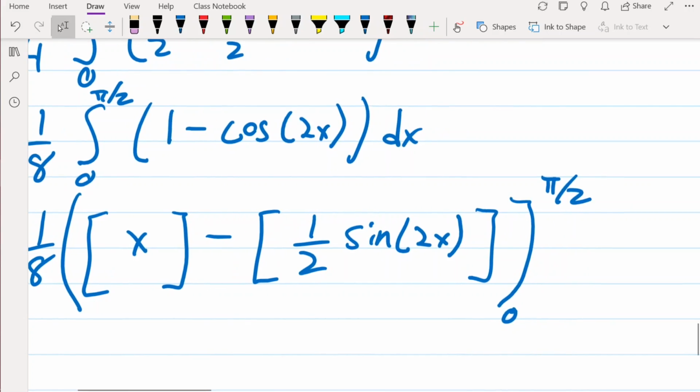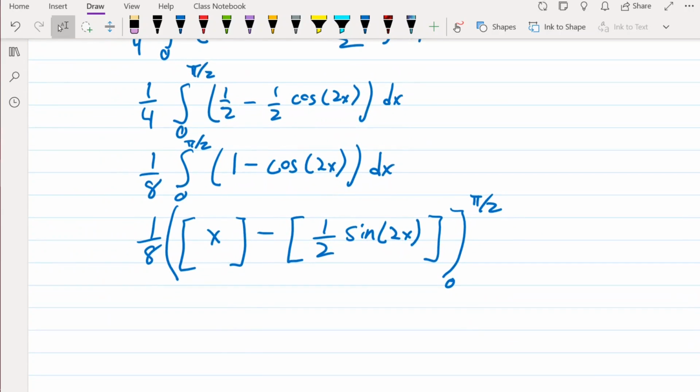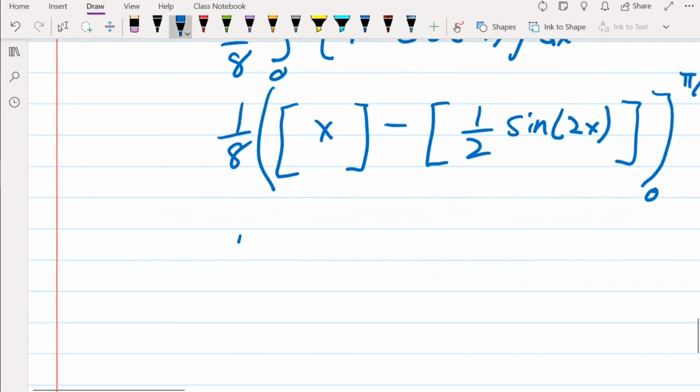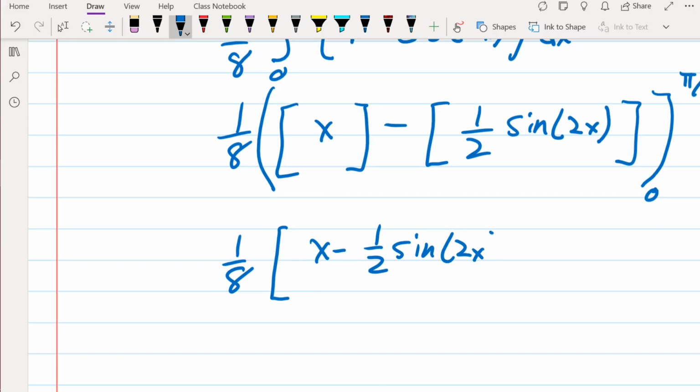Here, let me just rework this one. I think it should be correct because of the U substitution. So 1 over 8 x minus 1/2 sine of 2x from 0 to pi over 2.